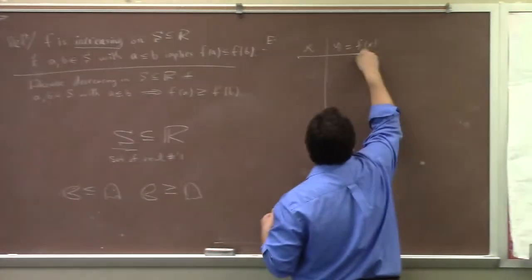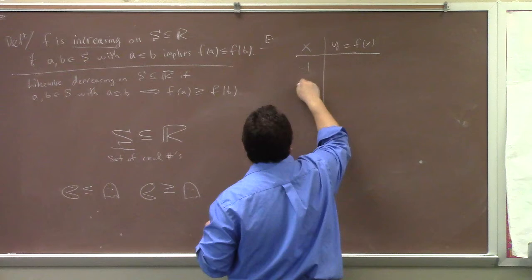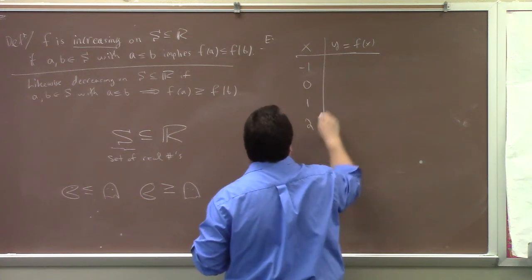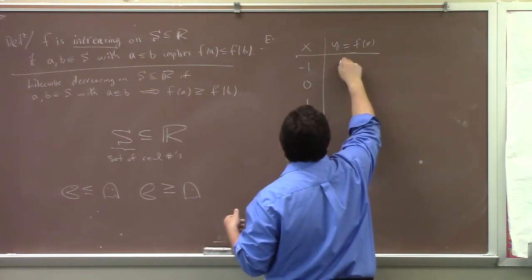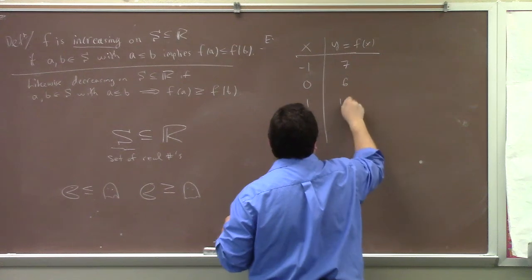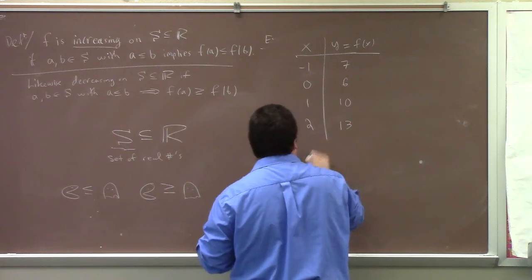You guys have probably done this since early high school, maybe middle school even. It depends on your curriculum, but it's not a big deal, right? If I give you x and I give you y equals f of x, and I tell you -1, 0, 1, 2, and I tell you that that's 7, this is 6, this is 10, and this is 13, we all know what to do, right?